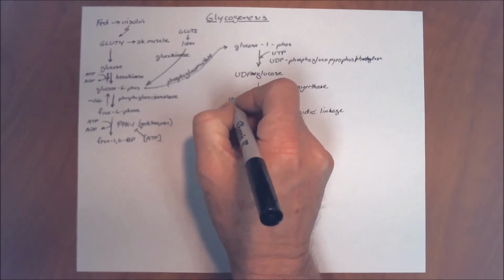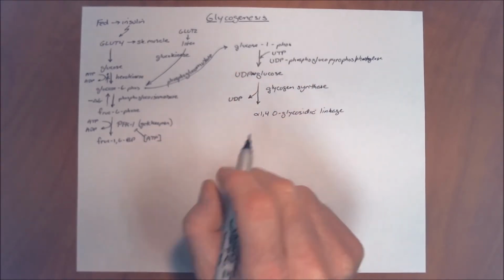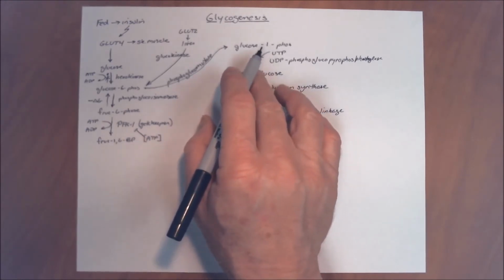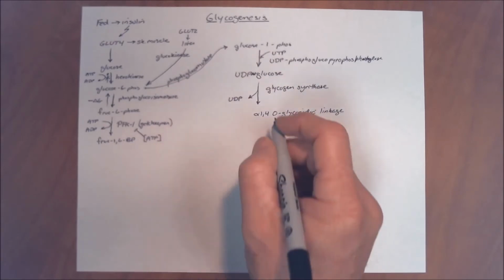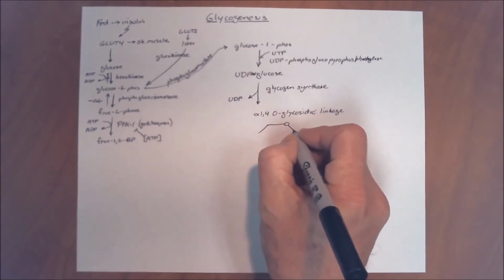The hydrolysis of UDP off of the glucose will drive the energy for this formation. And so the glucose will be adding from the number 1 carbon to the number 4 carbon of the glucose chain.